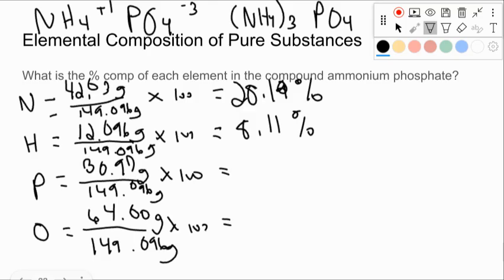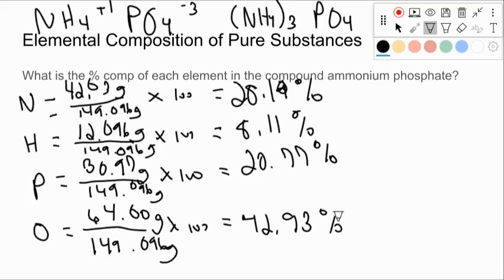The third one, I get 20.77%. And the last one, I get 42.92%. Actually, 93%, because the 5 that I'm dropping off is going to make the 2 round up.